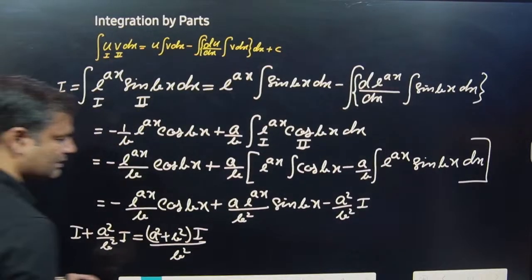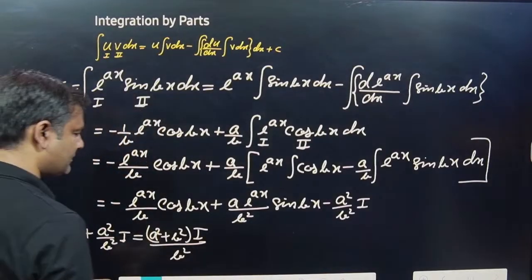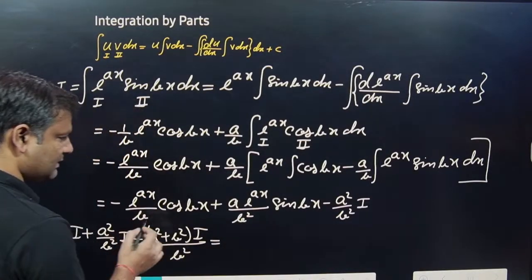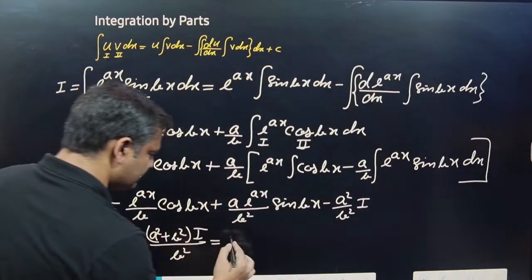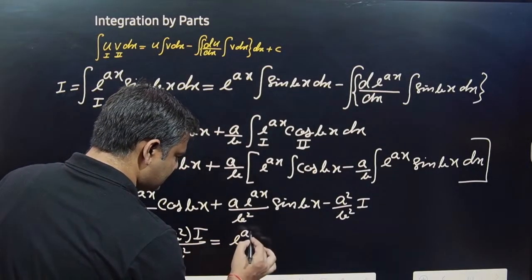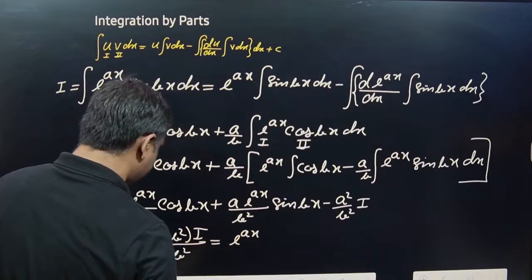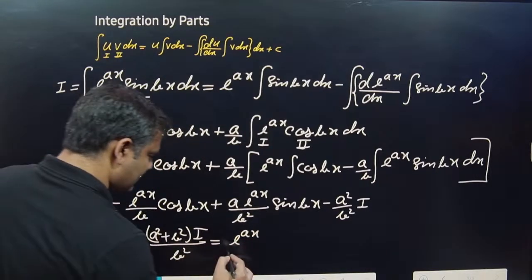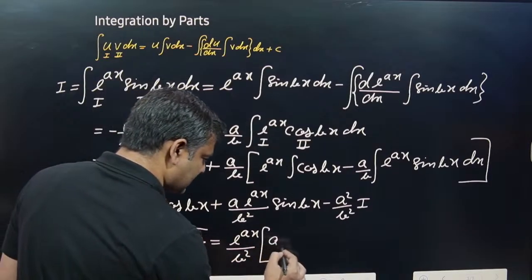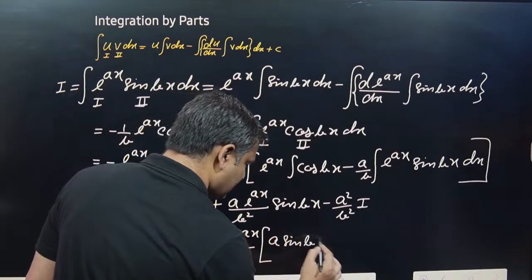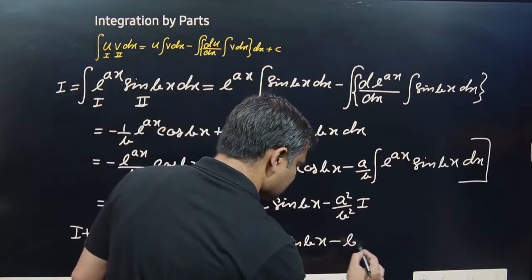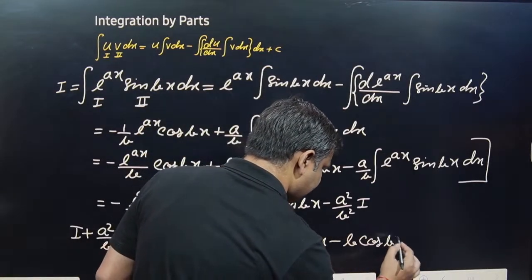Okay, clear? This will be equal to, look here, e to power ax is common, and divided by b square is a sin bx minus b cos bx.